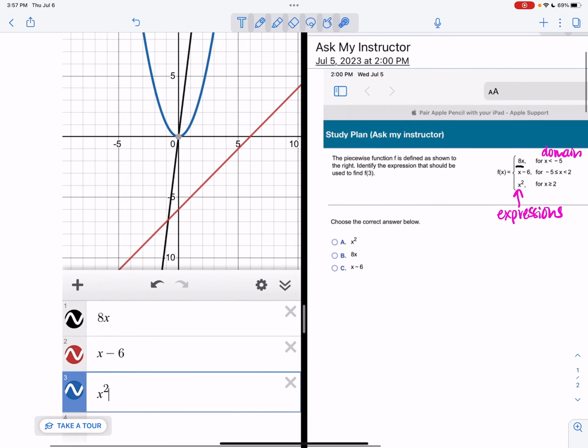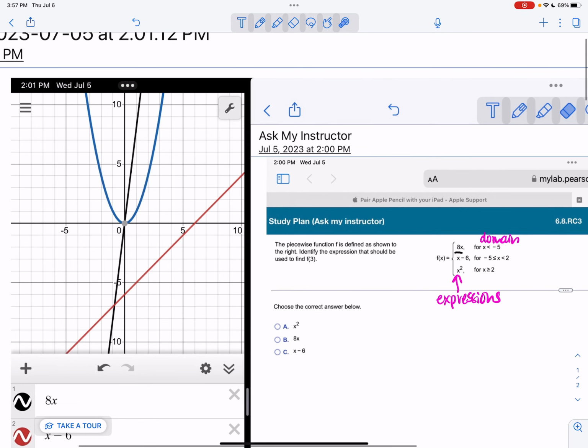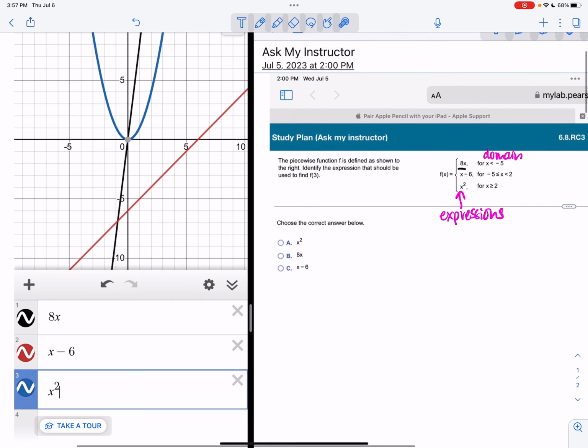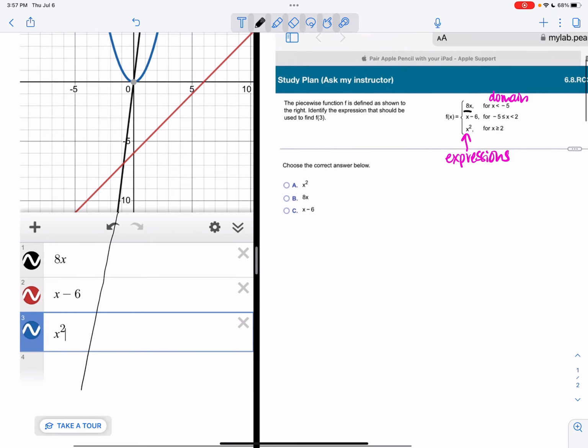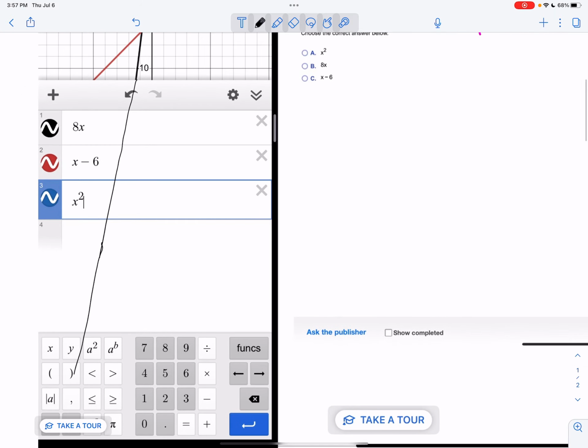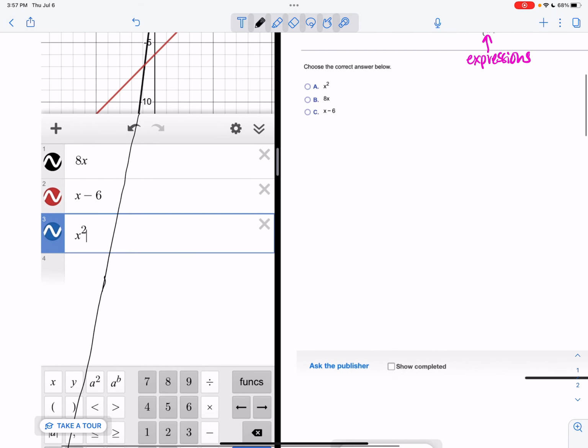It's only true if x is less than negative 5, so it's going to be way down here, and it keeps going and keeps going. From negative 5 it would be an open circle, and it would only be the part that's less than negative 5. So you're only looking at this part of the function.